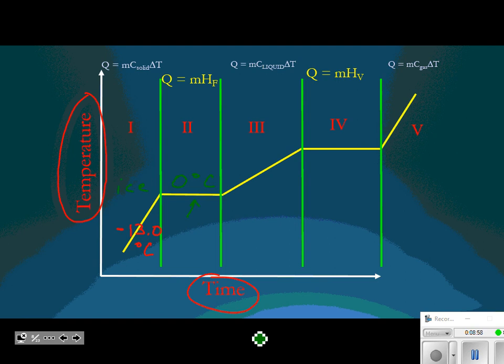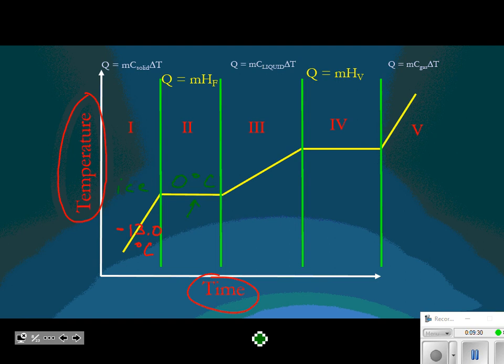Because when we have those intermolecular forces of the solid, we have to break those forces. So when we are heating it, even though we didn't stop heating it, all of the energy from the heat is required to break those intermolecular forces between the solid. So you're going to see that plateau at 0 degrees Celsius.